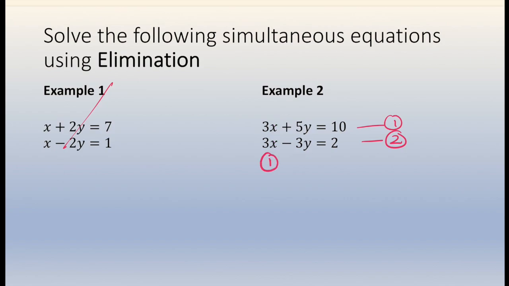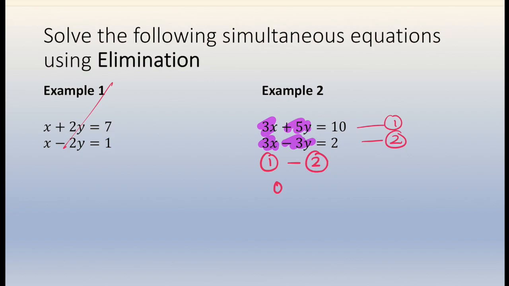So I'm going to go 1, take away the second equation. So let's do that. 3x minus 3x is just 0x, so it's just 0. And then I'm going to go 5y minus 3y. Now this is where you have to be careful. Now I'm not sure if you heard me, but there's 2 minuses. And in maths, 2 minuses mean a plus.